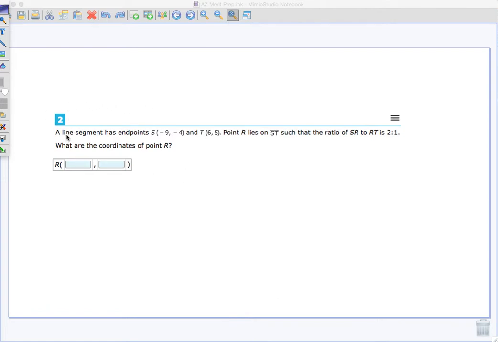It says we have a line segment that has endpoints of -9, -4, and 6, 5. So I'm going to do a quick rough sketch of that. So -9, -4, we're going to say that point's here, and 6, 5 would be somewhere in this neighborhood. I'm going to connect these two.